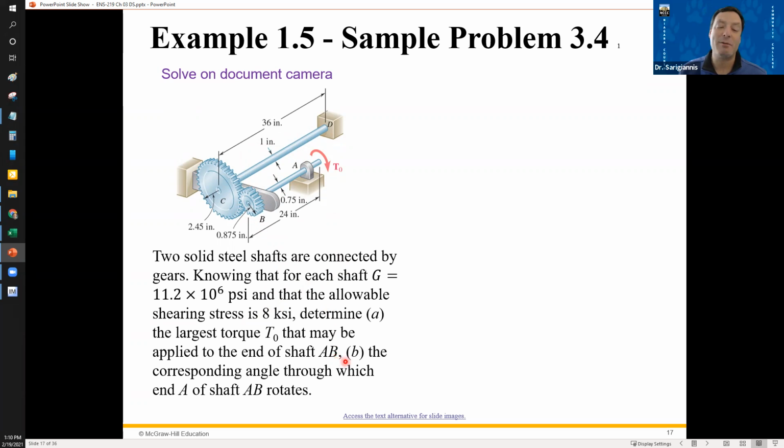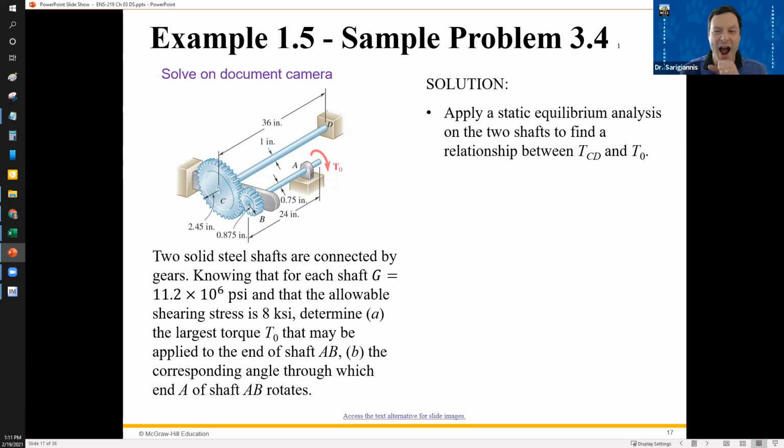For part B, the corresponding angle through which the end A of shaft AB rotates: we're assuming this is fixed over here, so the torque is going to twist the greatest over here. The torque is transmitted through this bar, but everything else is acting to resist the torque. So the angle of twist we're interested in is at point A.